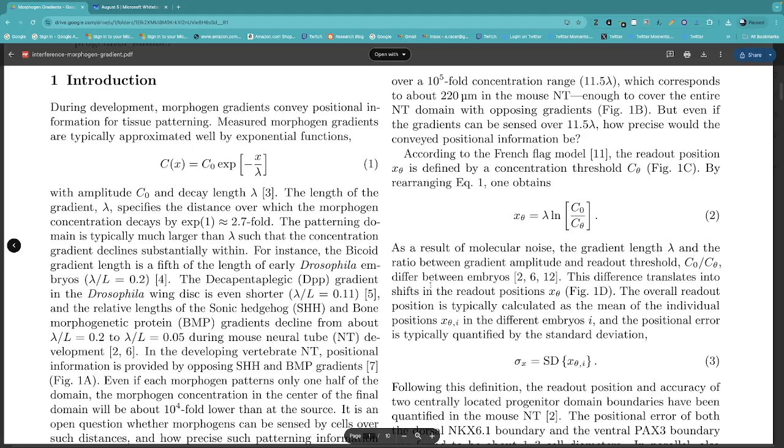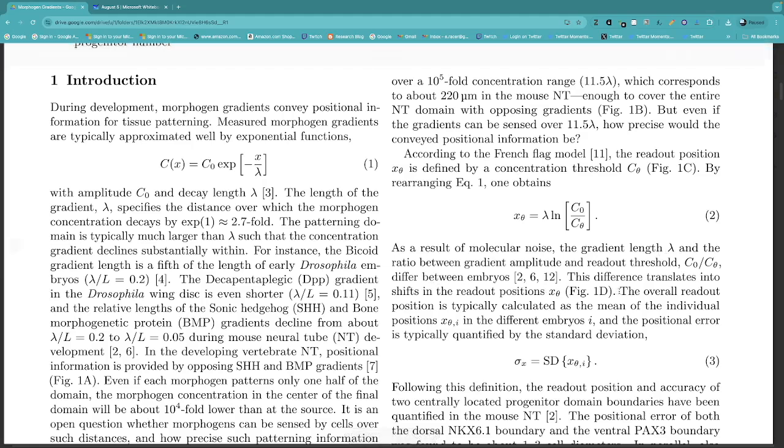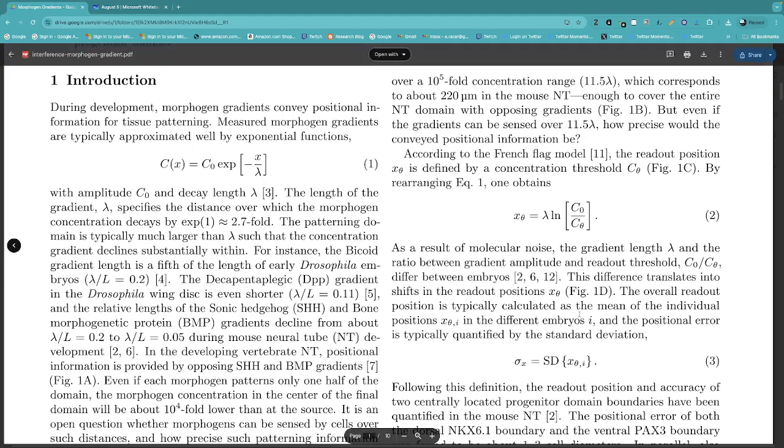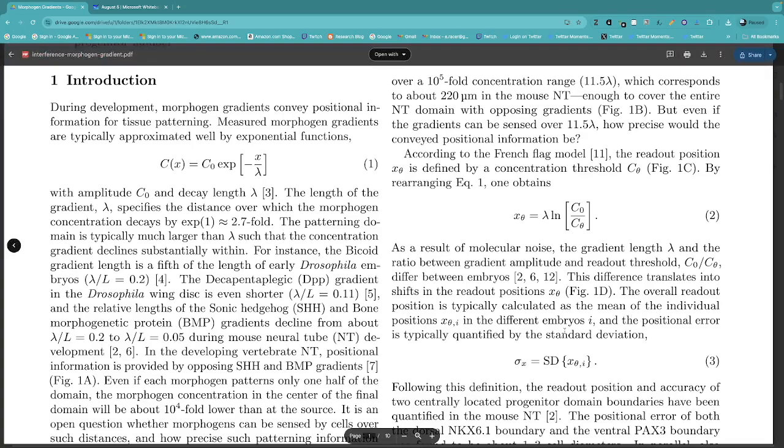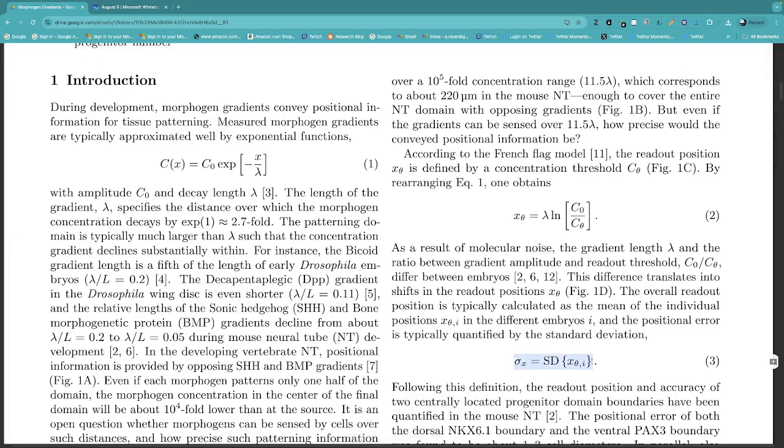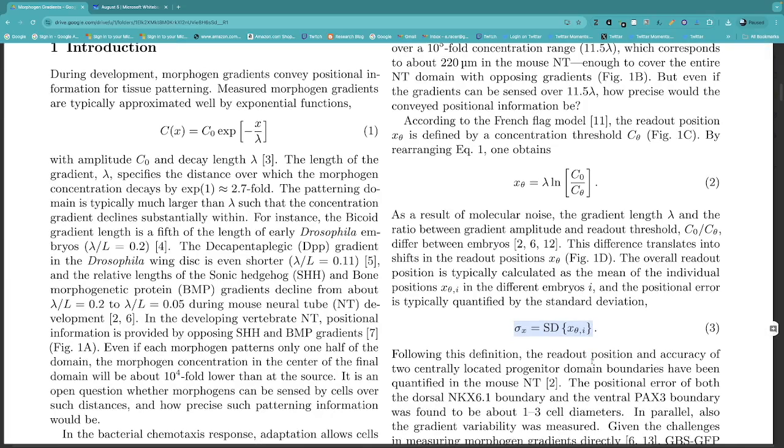This difference translates into shifts in the readout positions. The overall readout position is typically calculated as the mean of the individual positions in the different embryos i, and then the positional error is typically quantified by the standard deviation. So in the presence of molecular noise, we can give this positional error. So there's this error that can occur, especially when you have very low amounts of some morphogen, and you can model this using a standard deviation. So this gives you this noise factor here.